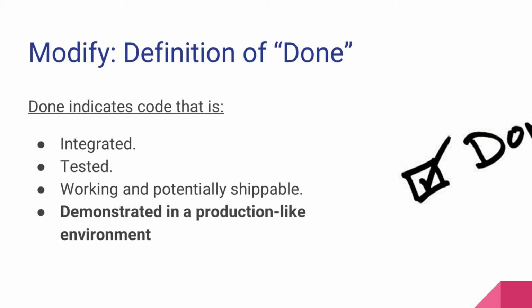Done indicates that a code is integrated, tested, working, and potentially shippable, and demonstrated in a production-like environment. That means that it's going to work on a virtual machine, even if it's not actually in production yet. You need to make sure that it's going to run in the same type of atmosphere that it's going to be in.